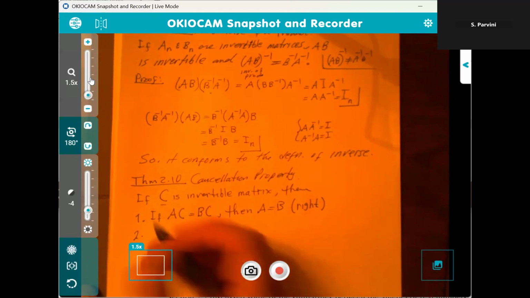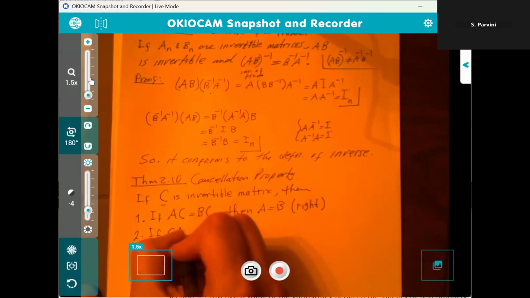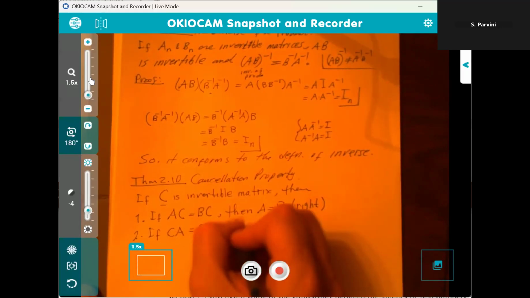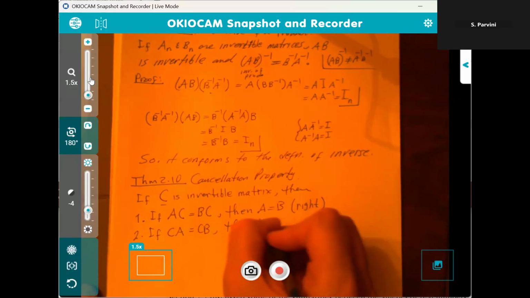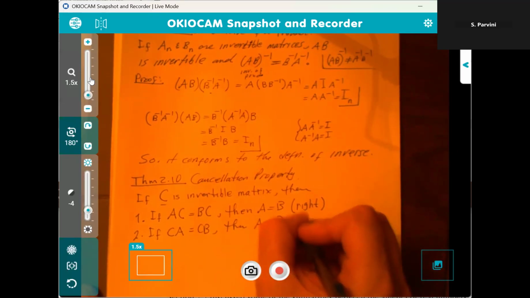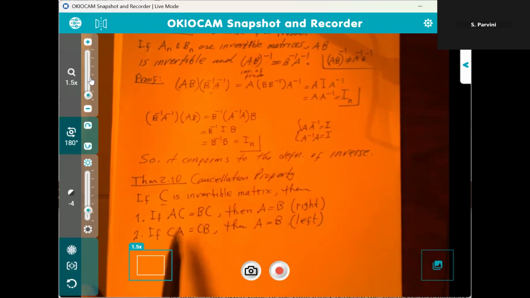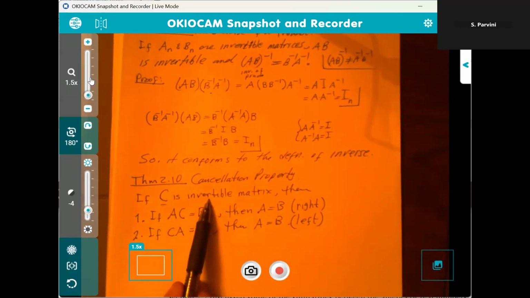Item 2 of this deals with left cancellation. So for example, if I have CA and that's equal to CB, then A should equal B. This is canceling the C from the left. See, the only time this works is if C is invertible.